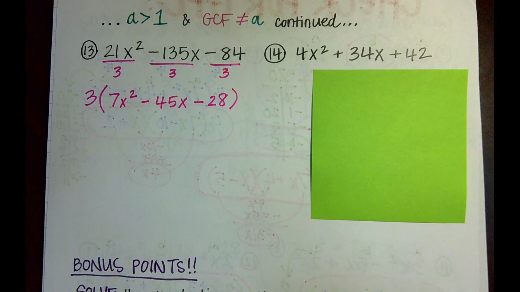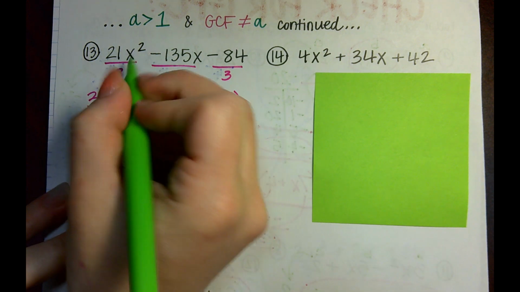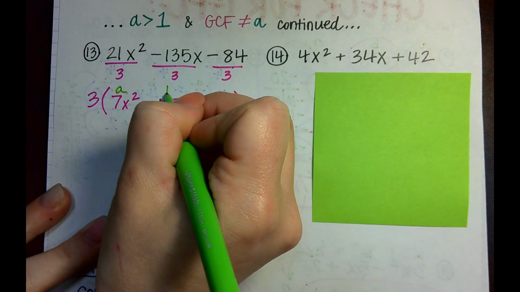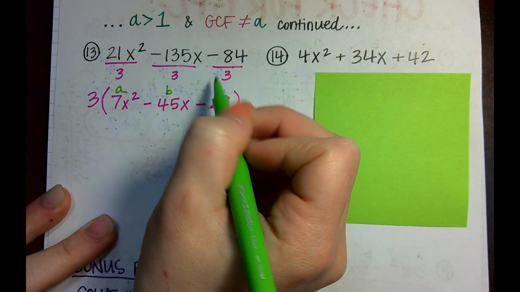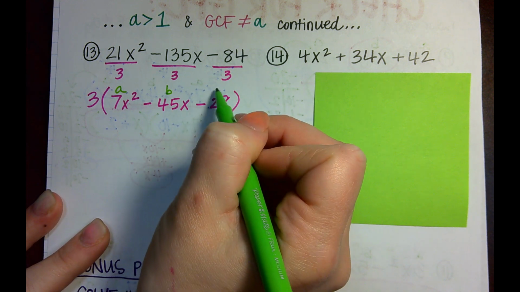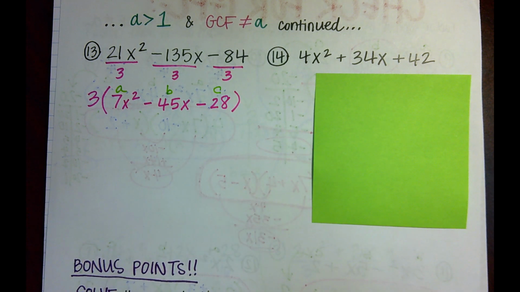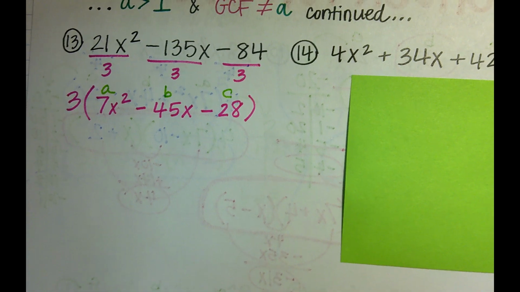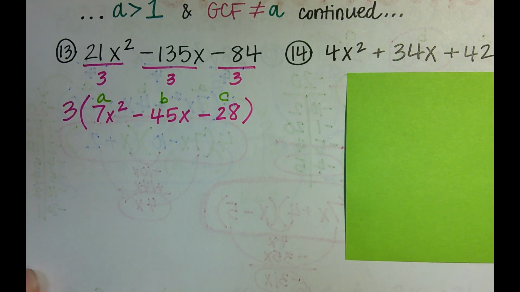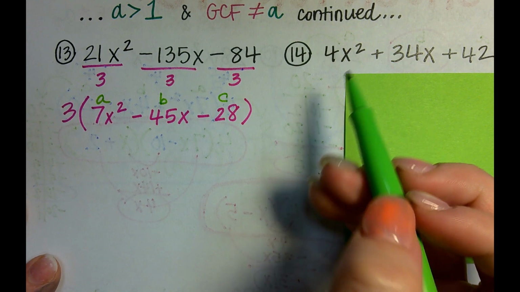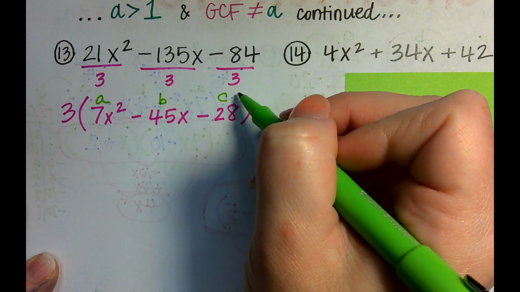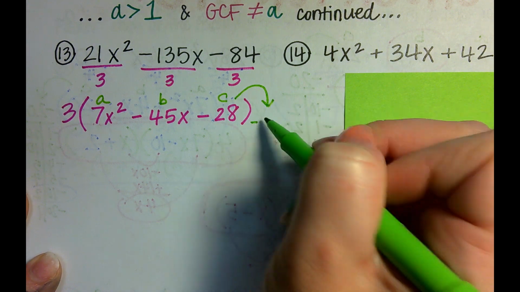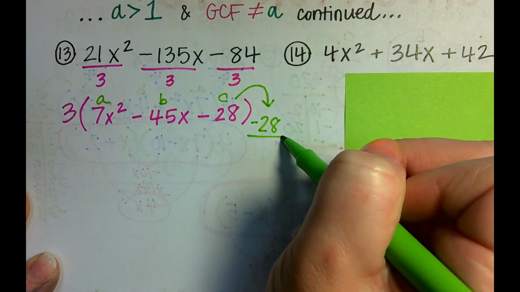So A is 7. B is negative 45. C is negative 28. What should I do now? Let's find the factors of C of negative 28.